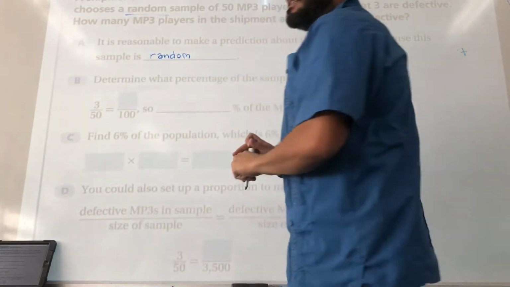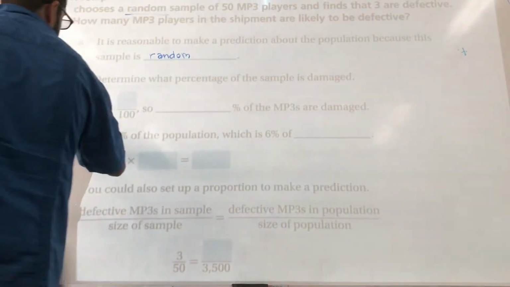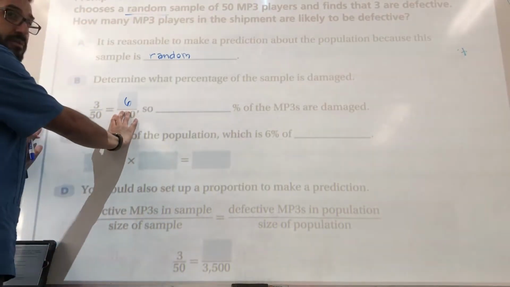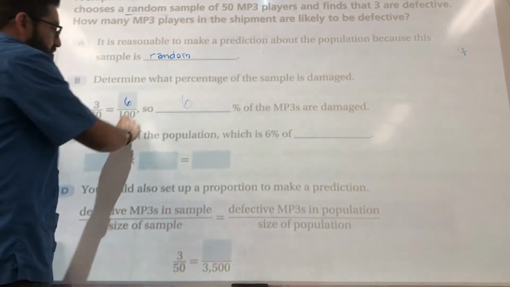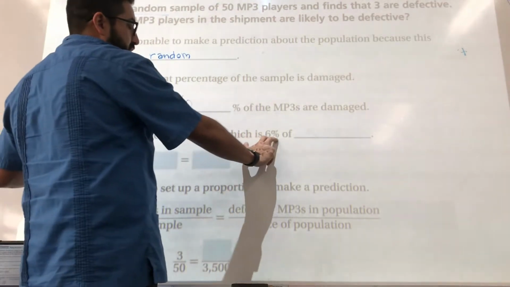It says it in the problem. Determine what percentage of the sample is damaged. So 3 out of 50, all right, they doubled it to 100, so 6, and that is our percentage, right? So 6% of the MP3s are damaged. Remember, if a number is over 100, then that's a percentage. Find 6% of the population, which is 6% of 3,500.